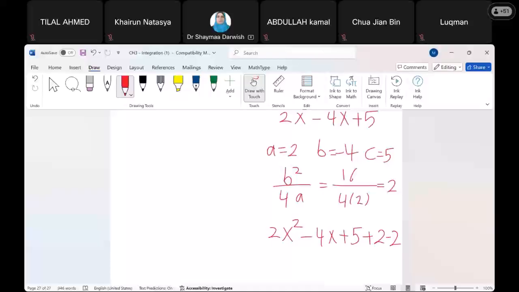Now the complete square is the two terms having x, 2x squared minus 4x, and the number we add, which is 2. The remaining 5 minus 2 is 3. So 2x squared minus 4x plus 2, plus 3.